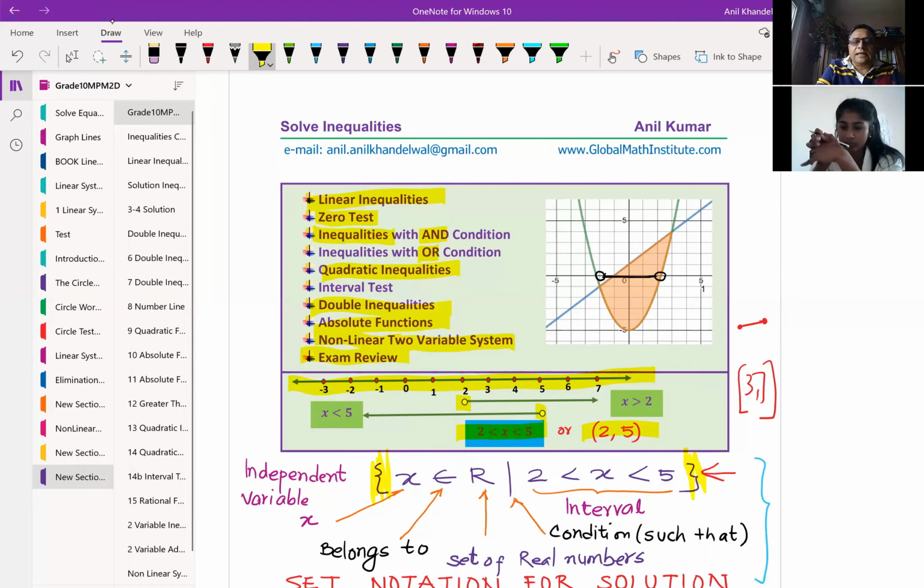So when you write this, x is the independent variable, and this symbol means belongs to the set of real numbers. R stands for the set of real numbers. This bar here gives you a condition, such that x is greater than 2 and is less than 5. The brackets close. So that is the complete format of writing your solution.